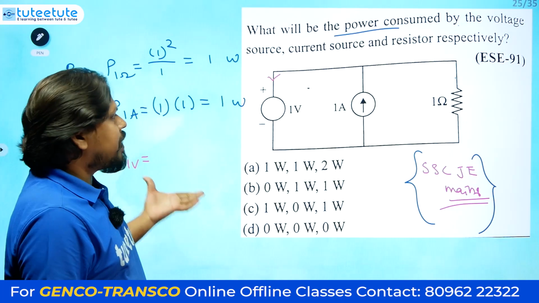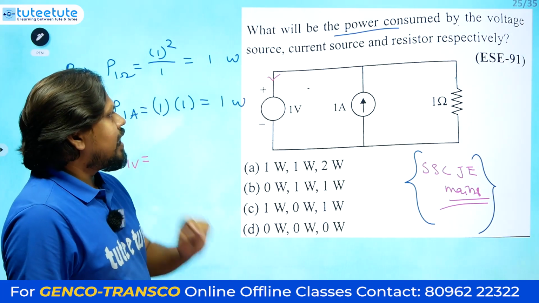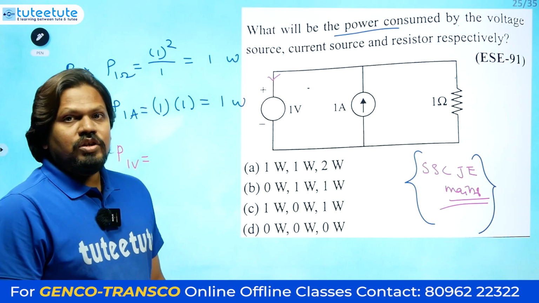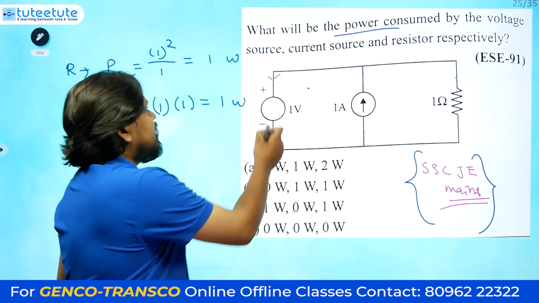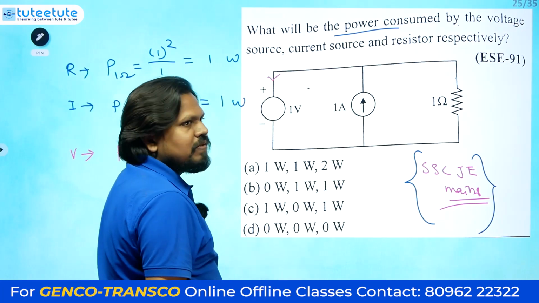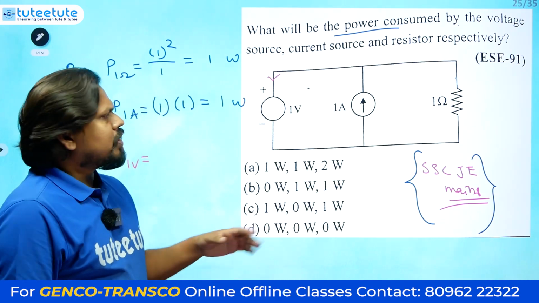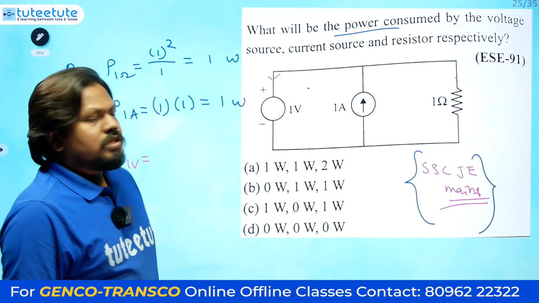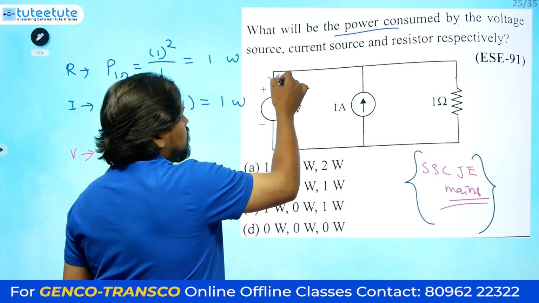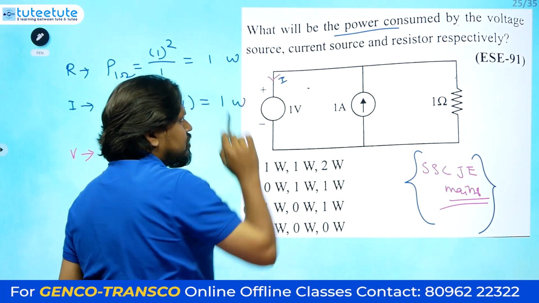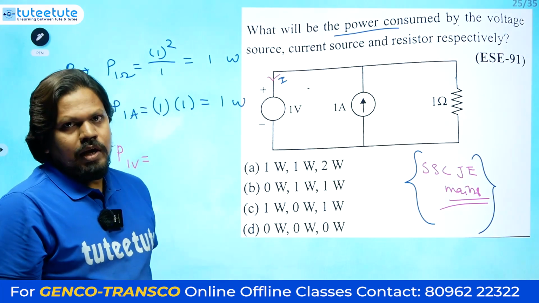To calculate that current we need to use a certain method. We can do whatever we want to the other parts, without disturbing this voltage source branch.